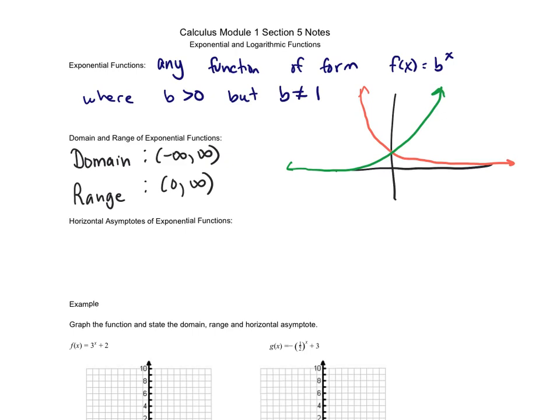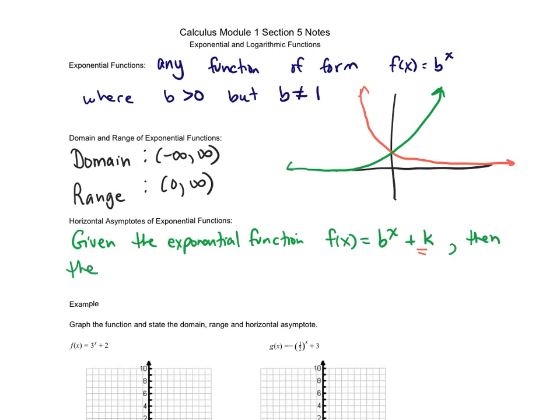So this horizontal asymptote of the exponential function is something we can actually find from the equation. If we're given the exponential function, let's call it f of x equals b to the x plus k. The big thing is this plus k at the end. I'm adding k, or subtracting, it could be negative.